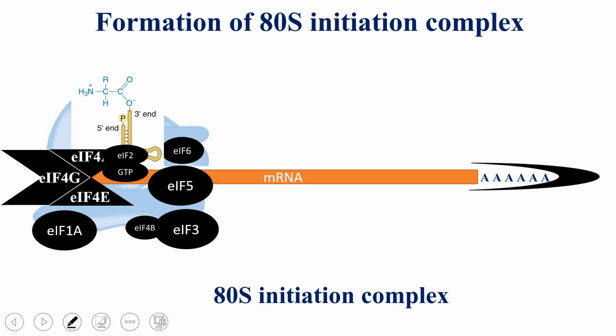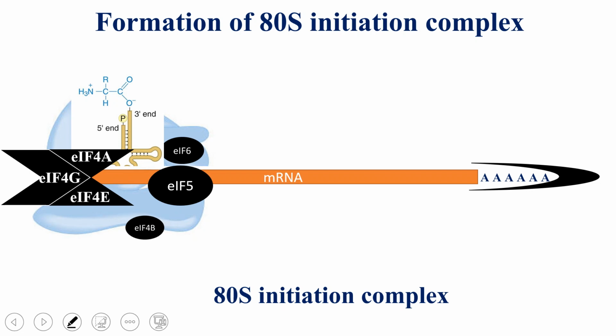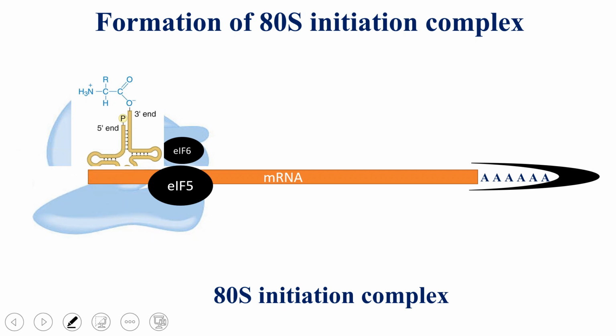Ultimately we have this 80S complex. From this 80S, what exits? That is 1A, factor 2, factor 3, factor 4, factor 5, factor 6. So everything is gone. Now this is the 80S initiation complex.